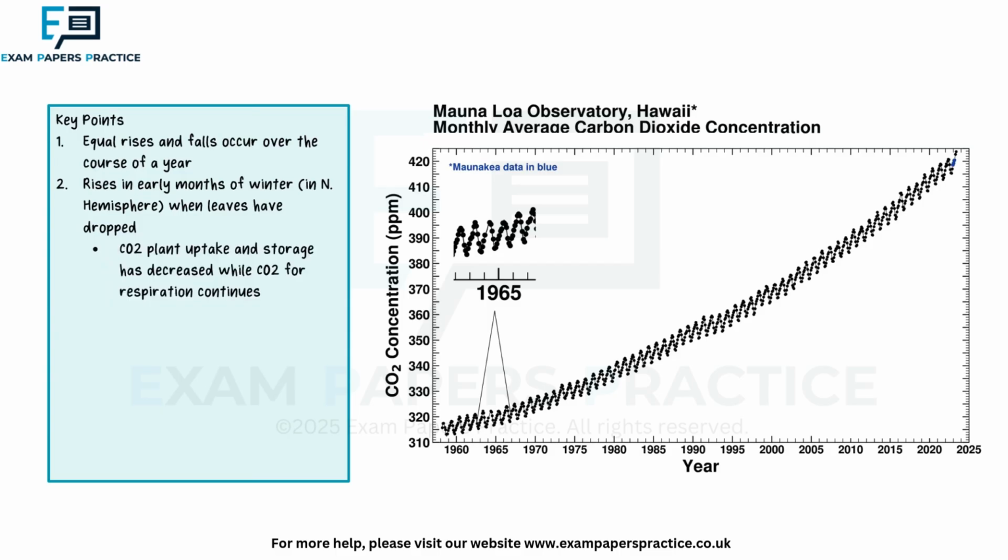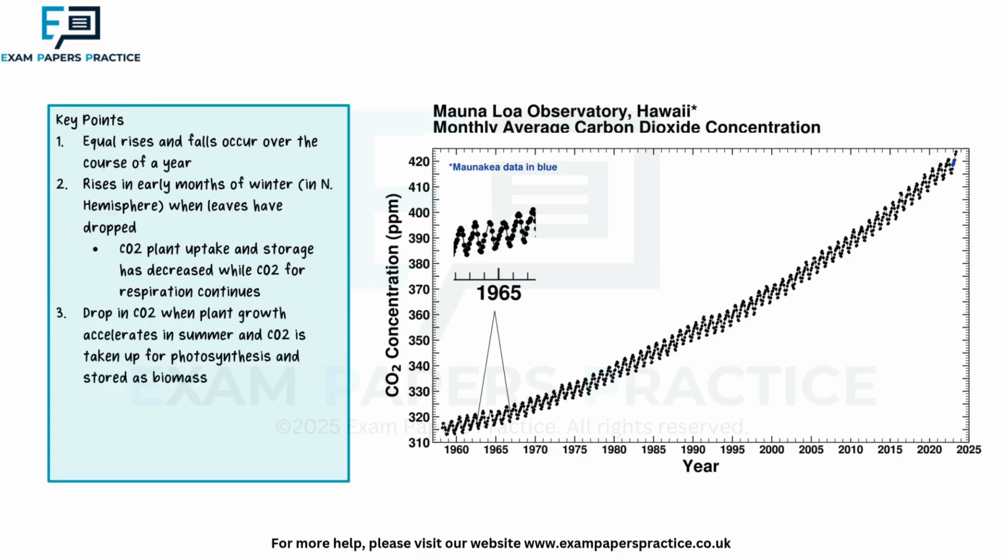Meanwhile, organisms continue to respire and release carbon dioxide. This is followed by a drop in carbon dioxide levels when plant growth during the summer in the northern hemisphere accelerates and carbon dioxide is taken up for photosynthesis and stored in biomass. Carbon dioxide released from respiration is lower than carbon dioxide uptake for photosynthesis.